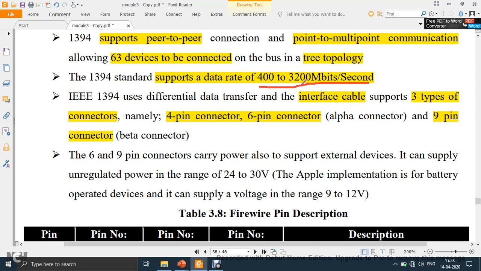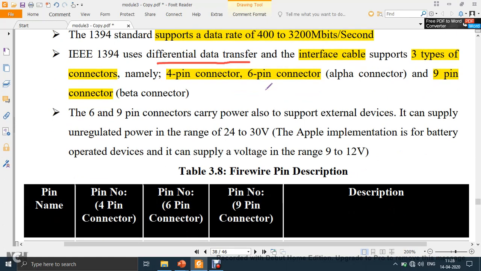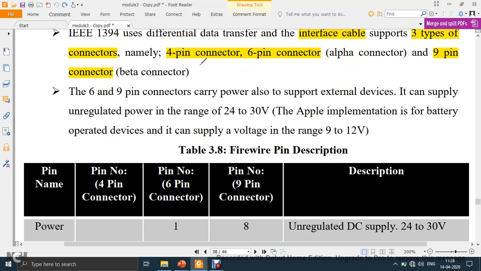It is 400 to 3200 Mbps, which is very high compared to USB. So it uses differential data transfer similar to USB. The interface cable supports three types of connectors: 4-pin, 6-pin, and 9-pin. If it is 4-pin, the connector is called 4-pin.